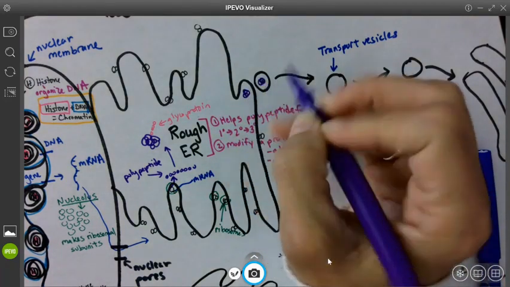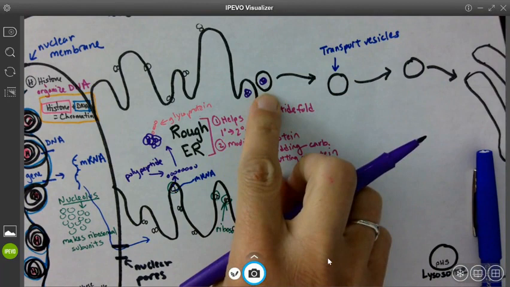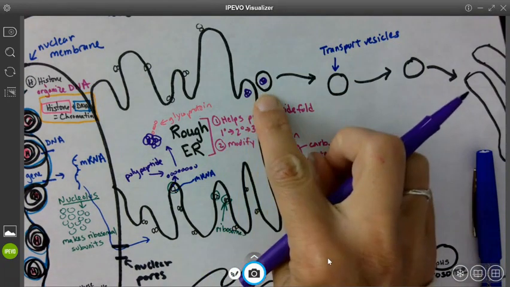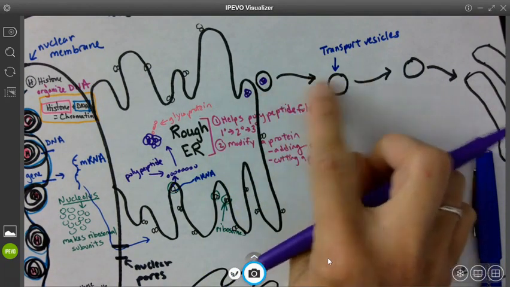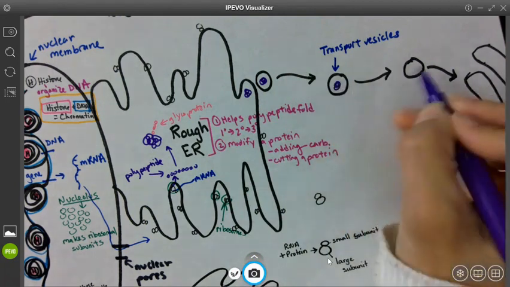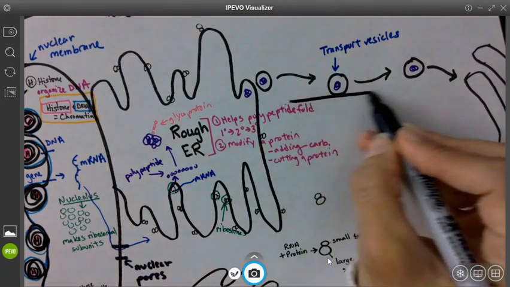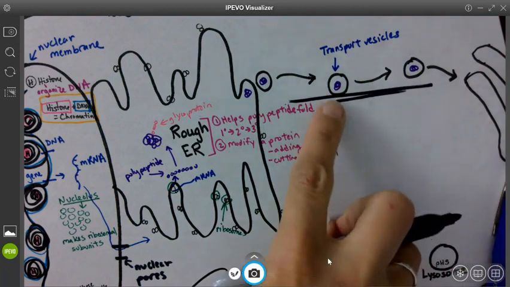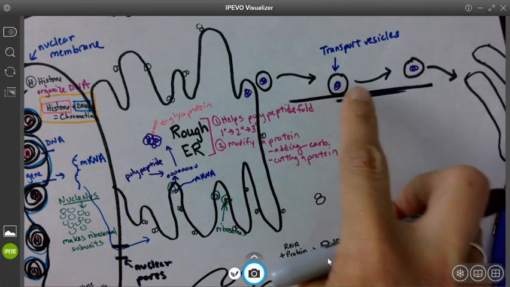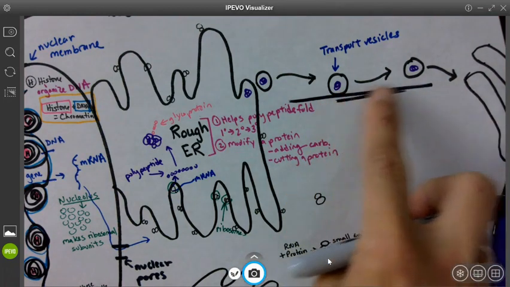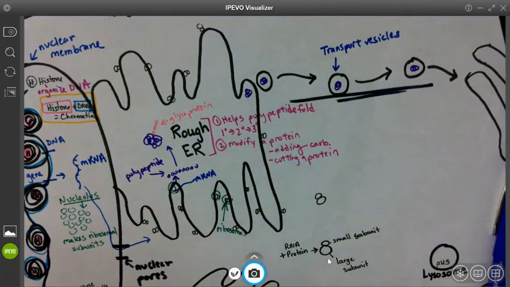Part of the rough ER can pinch off and become a vesicle. And then these transport vesicles can transport this protein to the Golgi. They do that by moving along a system called the cytoskeleton inside the cell. So these little motor proteins will walk the vesicles to the Golgi.